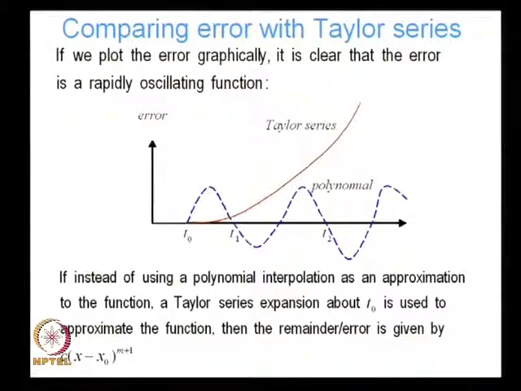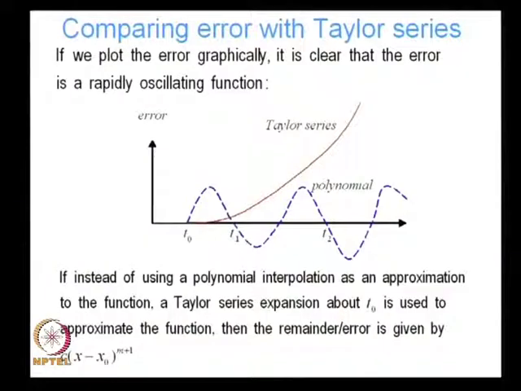But we want something more than that. We not only want it to be oscillatory, we do not want it to increase monotonically, but we also want these values to be bounded. I want that error term to be as small as possible. I do not want it to grow monotonically. That is good, it is oscillatory.